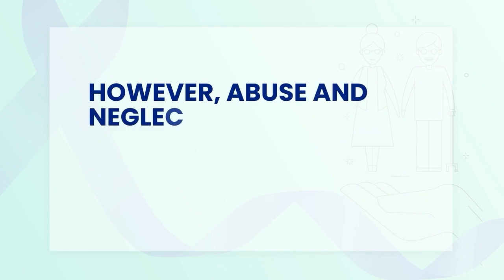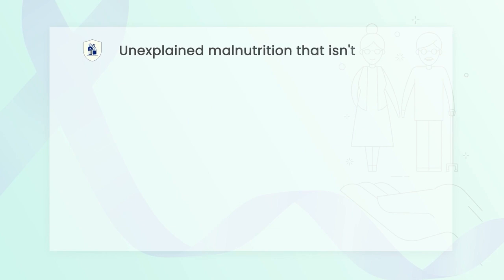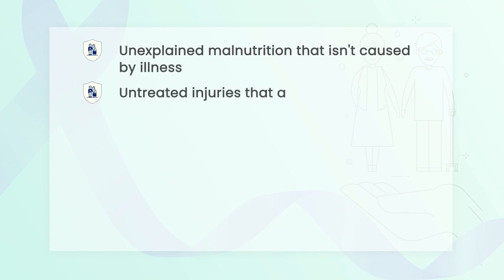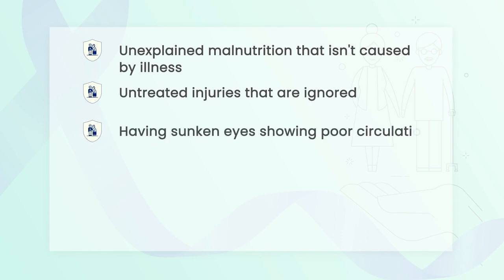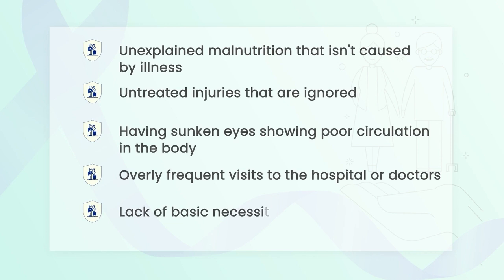However, abuse and neglect can affect the elderly in specific ways, such as unexplained malnutrition that isn't caused by illness, untreated injuries that are ignored, having sunken eyes showing poor circulation in the body, overly frequent visits to the hospital or doctors, lack of basic necessities such as food and water.